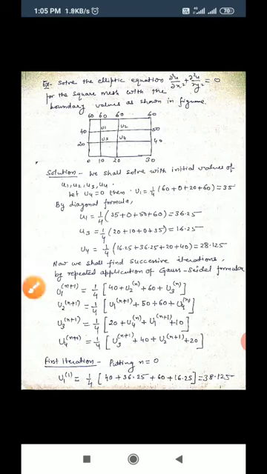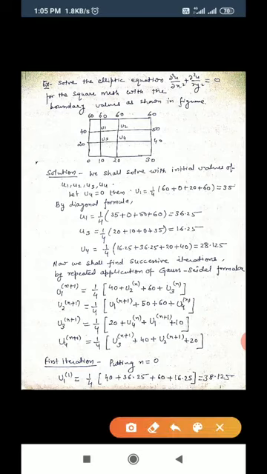Now we shall find successive iterations by repeated application of the Gauss-Seidel formula. So whenever we apply the Gauss-Seidel formula, u1^(n+1) is equal to 1/4 (40 + u2^(n) + 60 + u3^(n)).